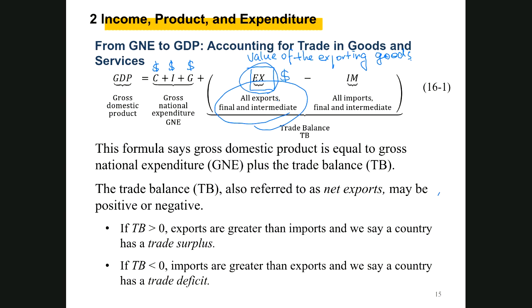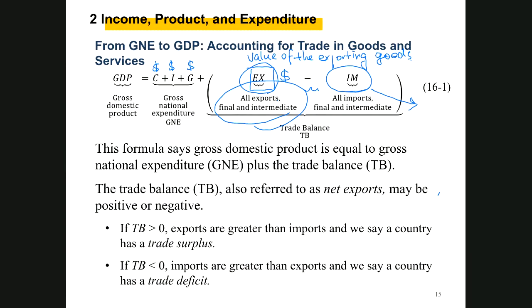If we focus on the U.S. national account, the import is going to be a minus sign, right? Because imports mean these goods are not produced by your domestic firms, so you buy them from foreign firms.